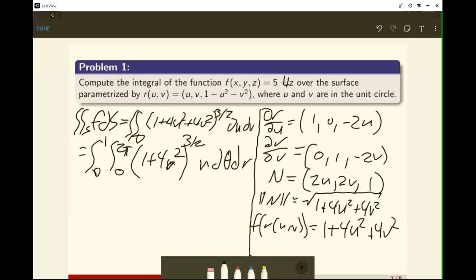The integral of theta is easy, as we don't have any dependence on theta, so we're just going to pick up a factor of 2 pi.